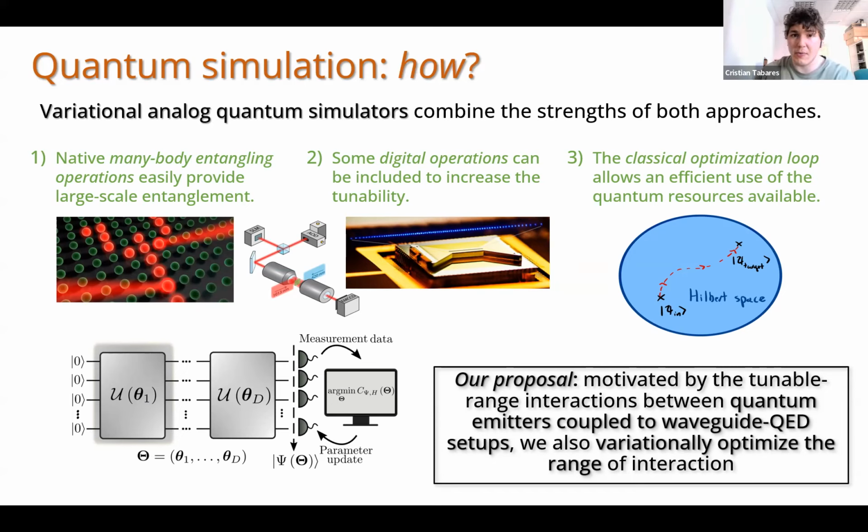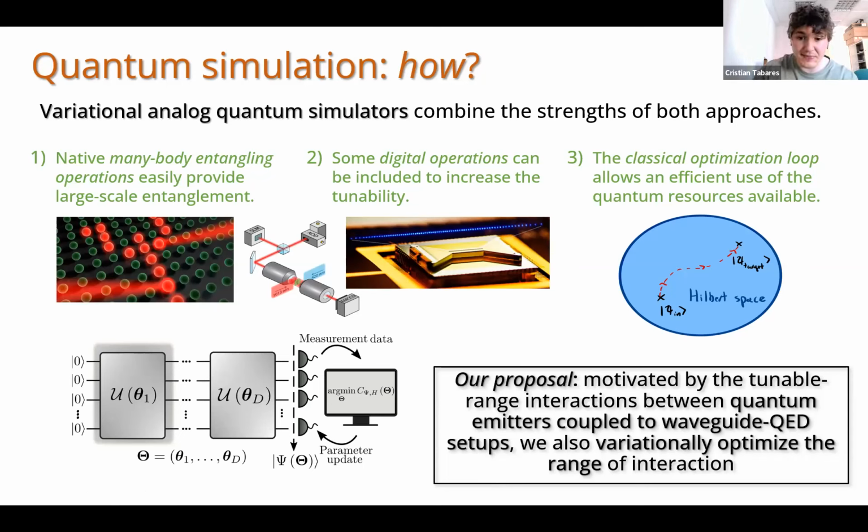This is a parameter, so we may also variationally optimize the range of interaction. In this sense, we may go beyond fixed connectivity and let the classical optimizer also optimize the connectivity of our system, but always focusing on a natural hardware platform, something that can actually be done in an experiment in a natural way.